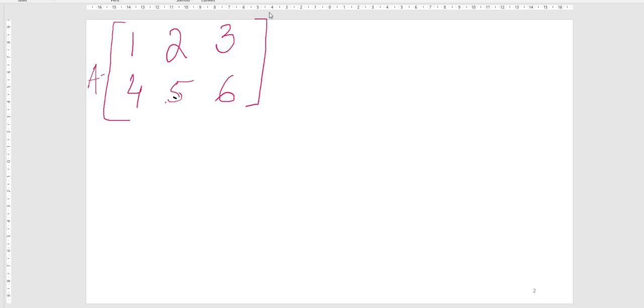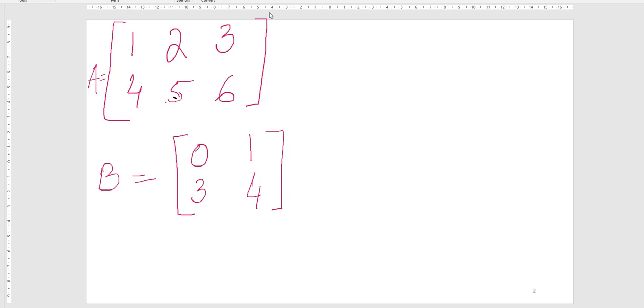You can use any letter: A, B, C, D, X, Y, Z, S, T, but the letter should be uppercase. Here is one more example of a matrix, with real numbers 0, 1, 3 and 4.